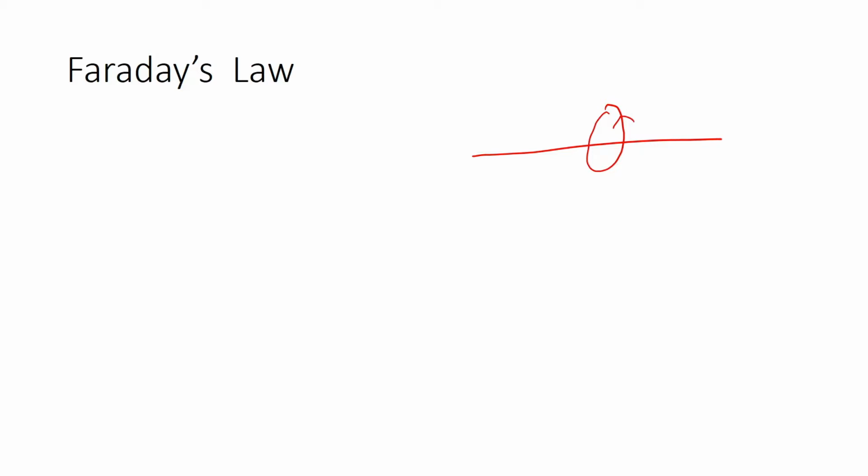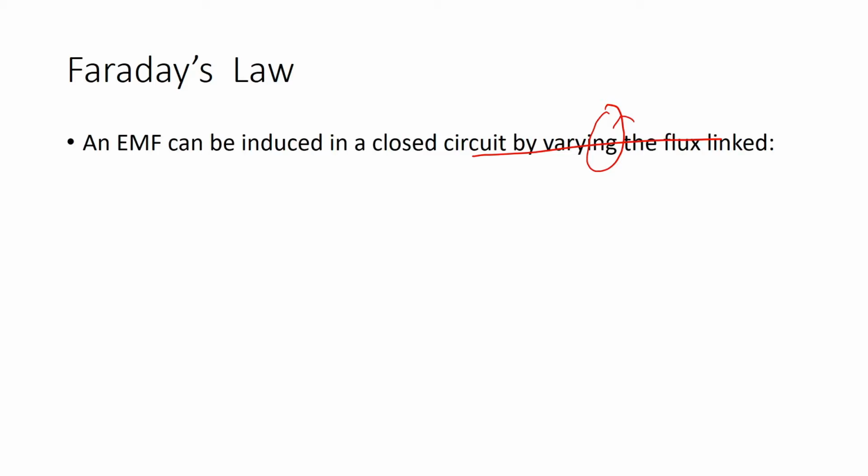What he identified is that if I have a static magnetic field, that is a constant magnetic field, then I am not getting any current out of it. But he observed that an electromotive force can be induced in a closed circuit, or I may say a closed loop, by varying the flux linked to the loop. You know that electromotive force is the force required to move an electron or a charge from one point to another point.